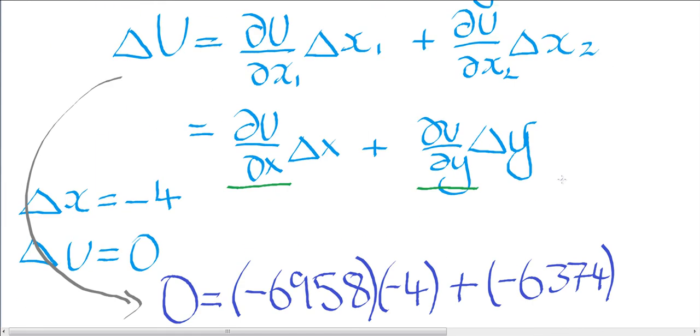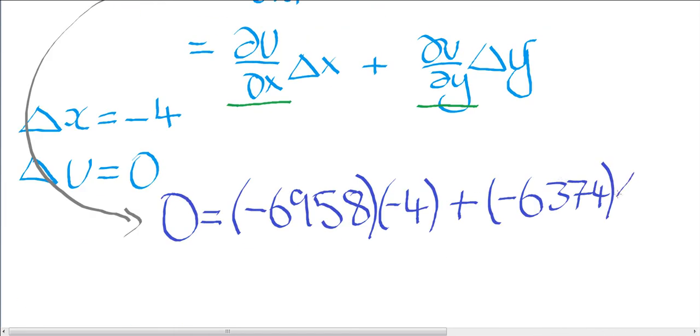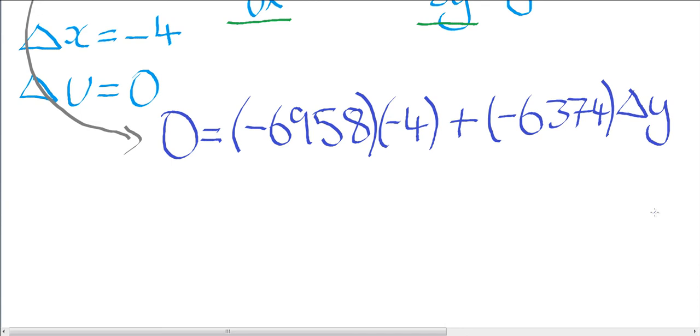So I don't know delta y, the change in income, so I just leave it as delta y. If you didn't rename the variables, it would be delta x2. But I have delta y here. Okay, so I'm looking for delta y, so get delta y to one side and everybody else to the other side. You can do this a couple of ways.